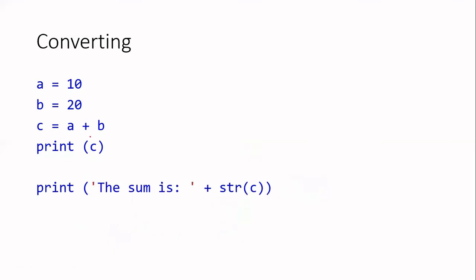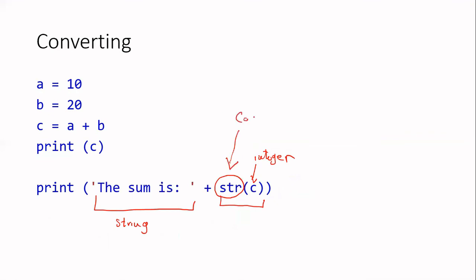Well, to get this to work, it's the same example here. This is my message, which is my string. And this is my variable, which is an integer. But as you can imagine, this is casting. Casting means I'm changing from one data type to another. So I'm changing from an integer, because that's what C is, and I'm changing it into a string.